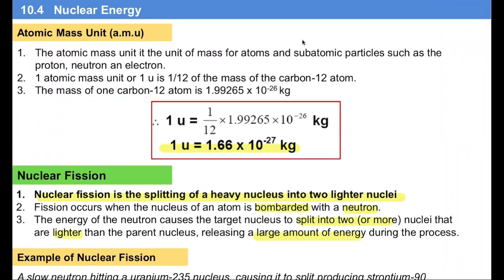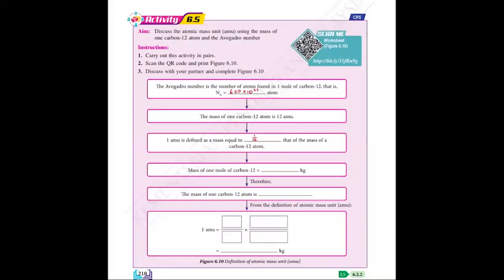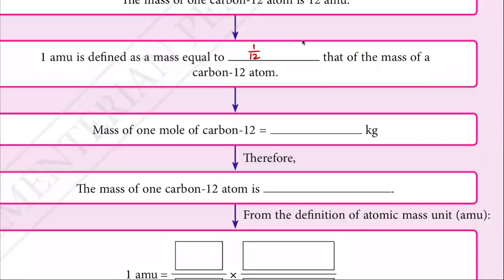So the mass of one carbon-12 atom is this figure here, 1.99265 times 10 to the power negative 26 kilogram, which is very, very light.